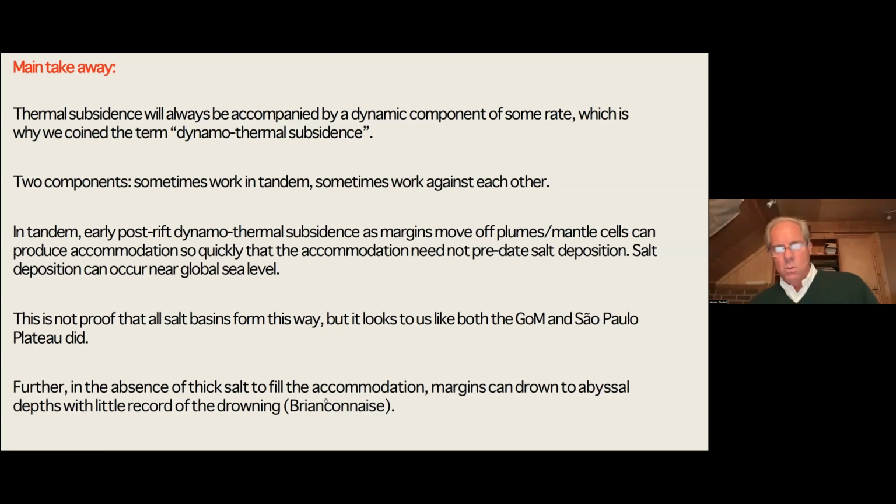And I put this word Briançonnais in here because there is a place in the Alps where we have rapid drowning right after rifting, which is not known to be magma rich. And yet we have, within the space of about 80 to 90 meters of sedimentary section, we go from intertidal to deep sea radiolarian oozes. So there's a possibility that this process happens in magma-poor sections as well.